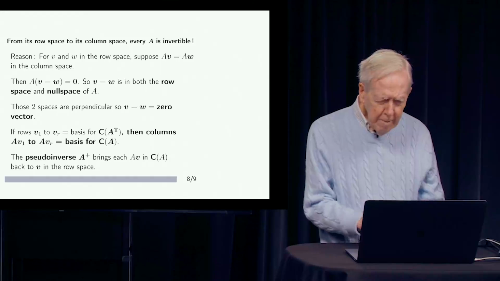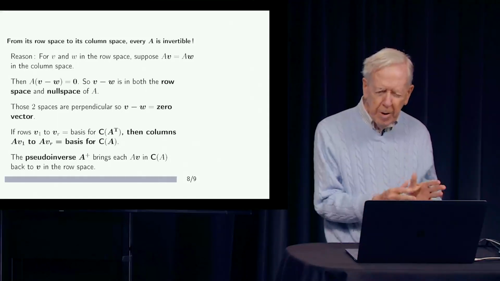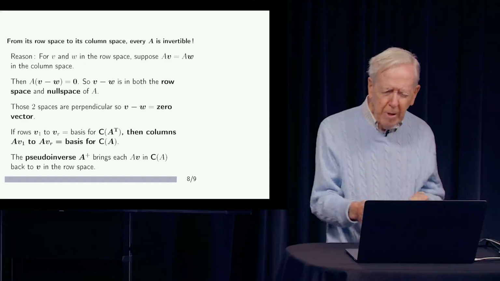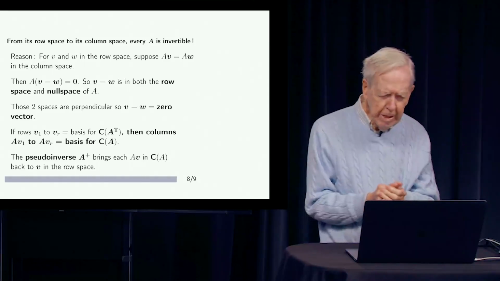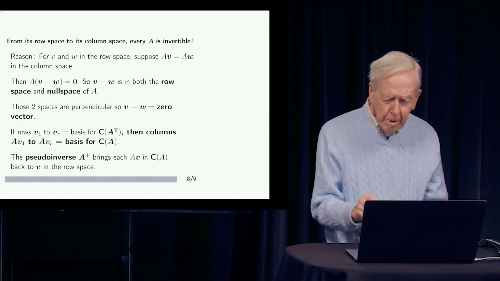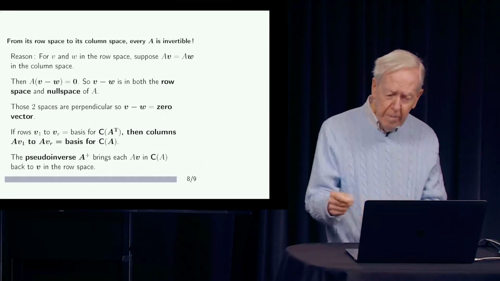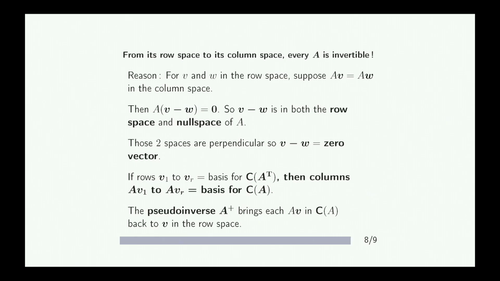That's the heart of the matrix, the part that actually does something non-zero, that takes the row space to the column space. And then you can think about the matrix that brings it back, just undoes this. And that's called the pseudo-inverse.